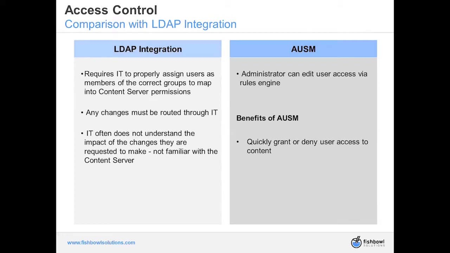Because people do move within your organization, and if they do, you need to request and deny access, in some cases rather quickly. And so those rules are manageable on the fly to help in those situations.